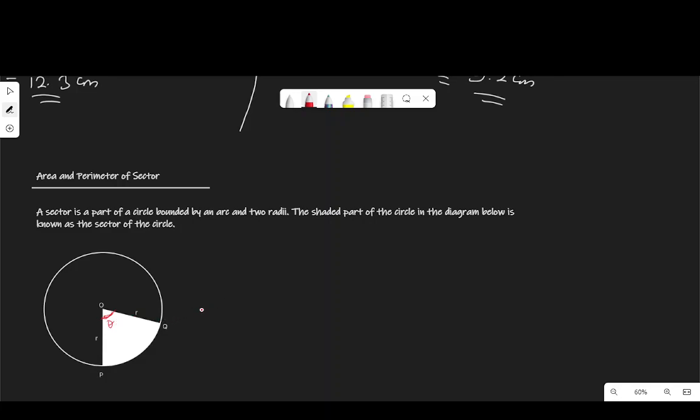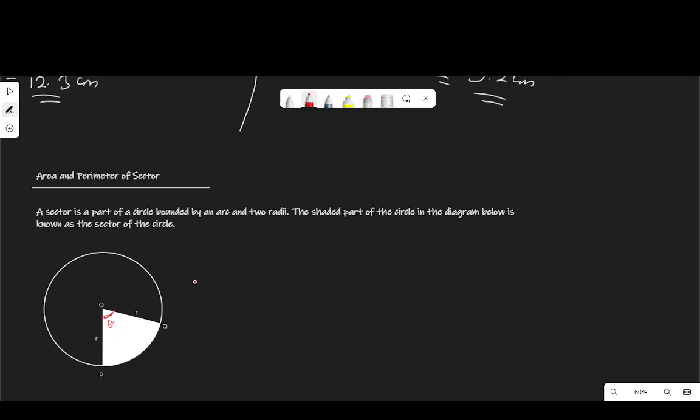So how can we get the area of this sector? Remember, area is the amount of space enclosed by this shaded part of the circle. So that amount of space, of course, is in relation to the whole circle. That is a fraction of the whole circle, a fraction of the area of the circle.